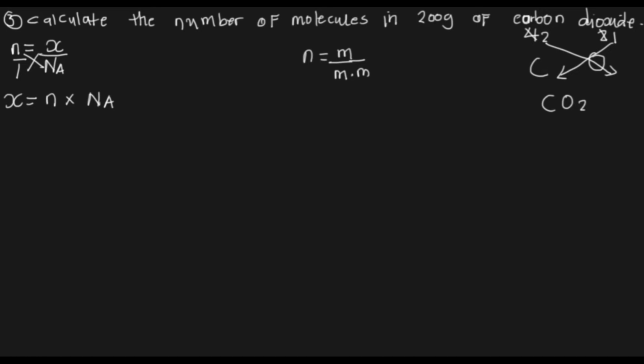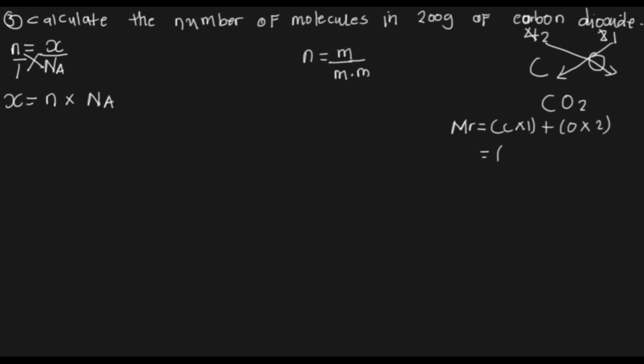Now, carbon dioxide is a covalent compound because it consists of nonmetals. So we are going to find the relative molecular mass. We'll say Mr is equal to carbon times 1 atom of carbon plus oxygen times 2.